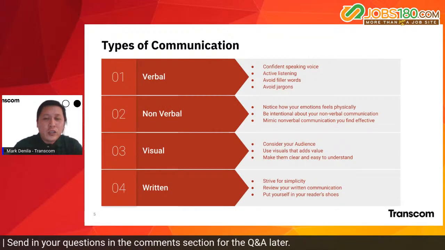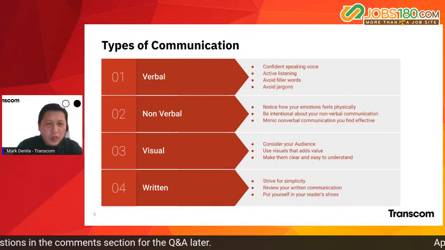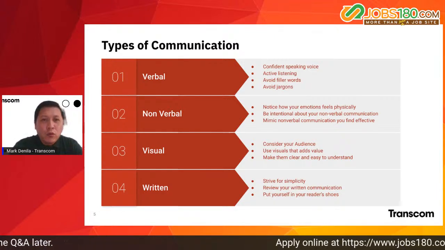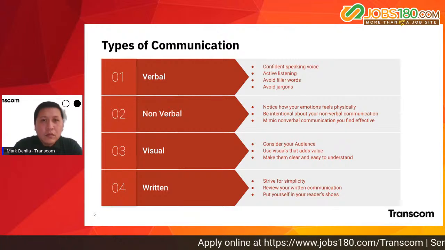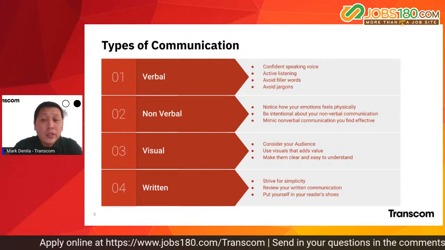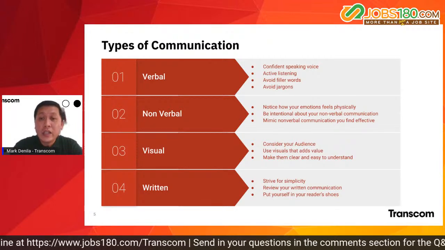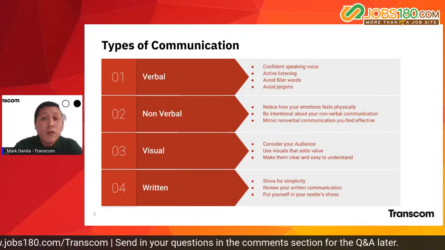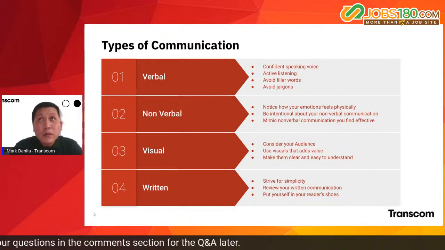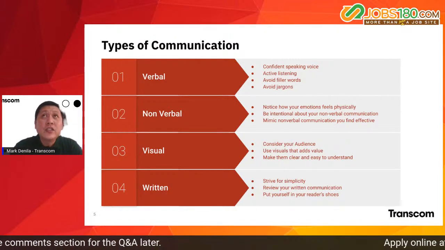Types of communication. Here, first would be verbal, right? What's important for the verbal aspect of communication is a confident speaking voice. Of course, active listening is there as well. Avoid filler words and avoid jargon, especially industry jargon.